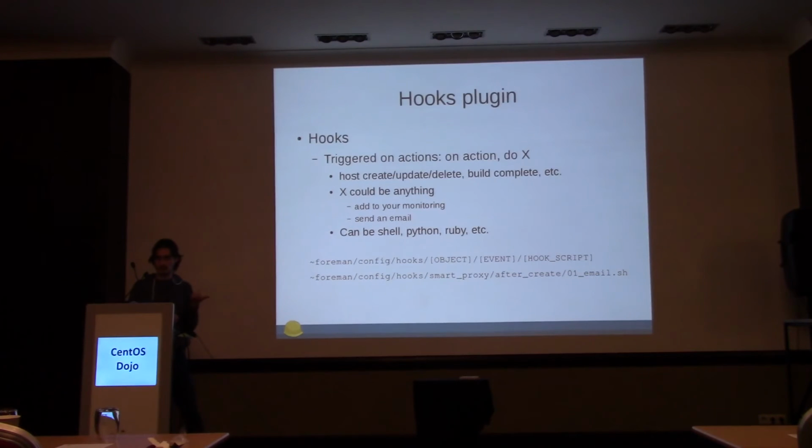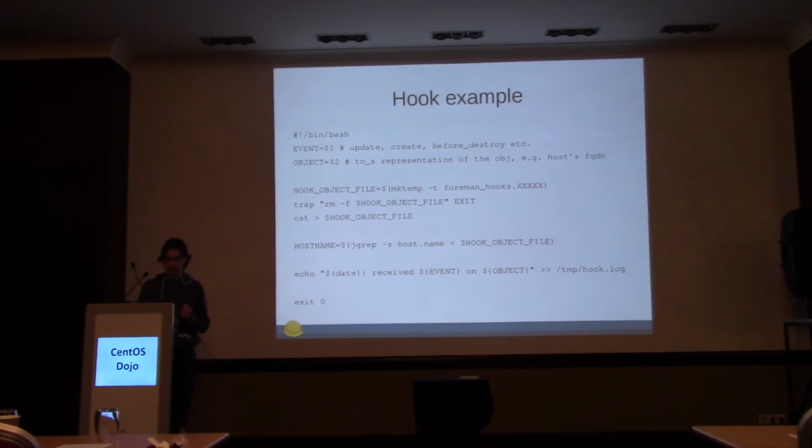I know one of the consultants set it up so that on host creation, they will contact the iLO of the host, mount the ISO, and move from there. So if it doesn't work by default, you can be very creative here. And I'll have a short example. So, a simple bash script.